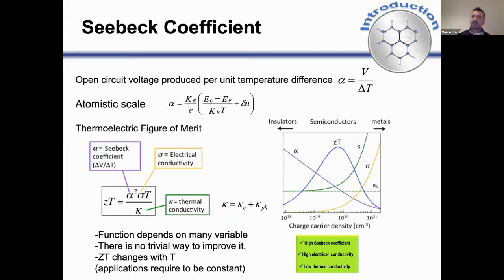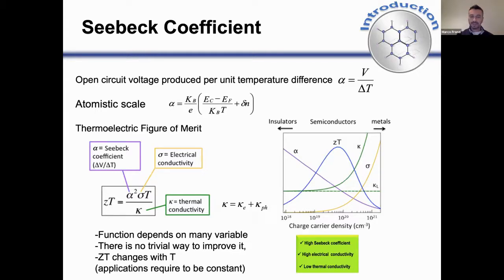The Seebeck coefficient can be linked to another key quantity, the figure of merit. The figure of merit is proportional to the Seebeck coefficient and the electrical conductivity, and inversely proportional to the thermal conductivity. The figure of merit is related to the efficiency of a material.